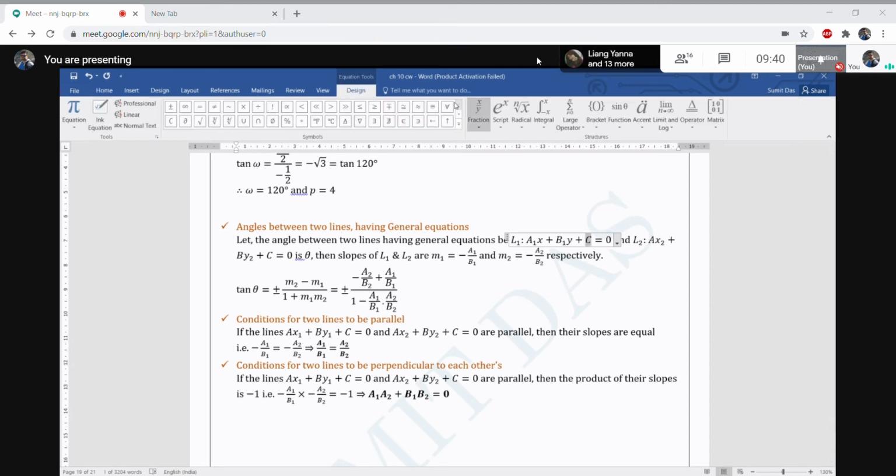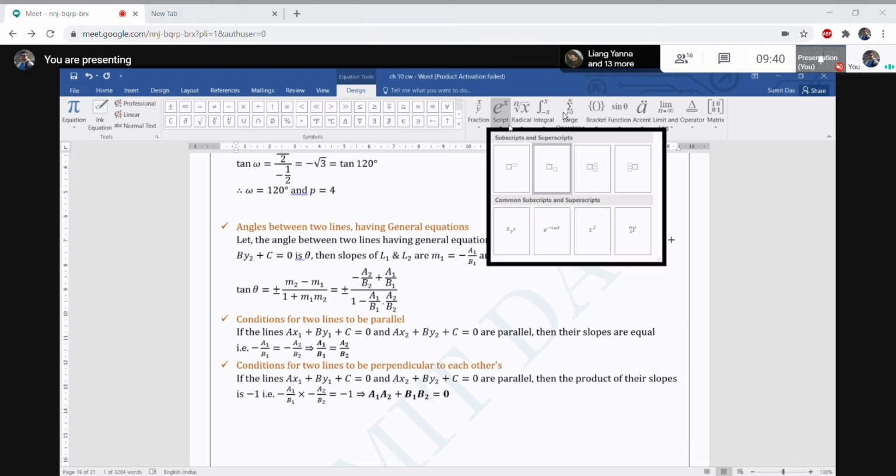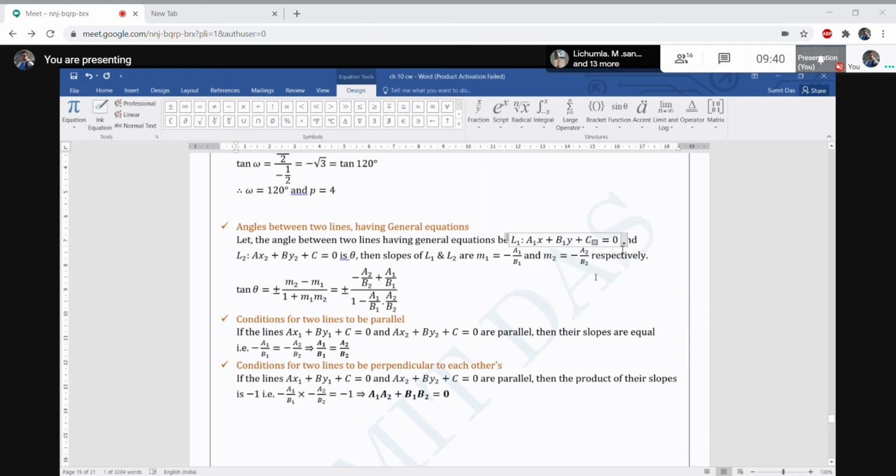Not ax1, this one can change. c1. It will be a2x, b2y, and c2. Yeah, that was my mistake.